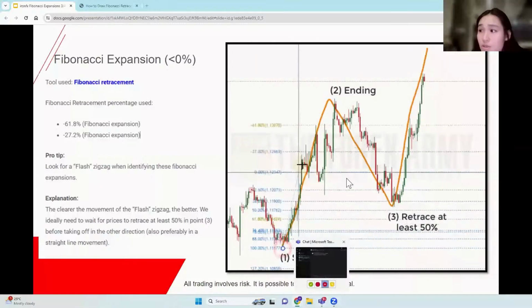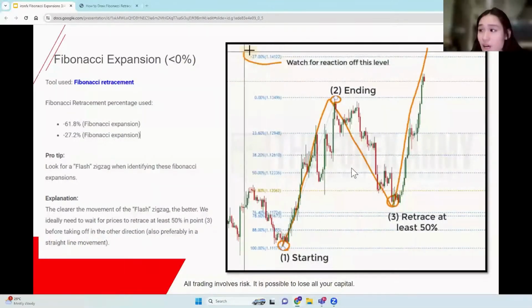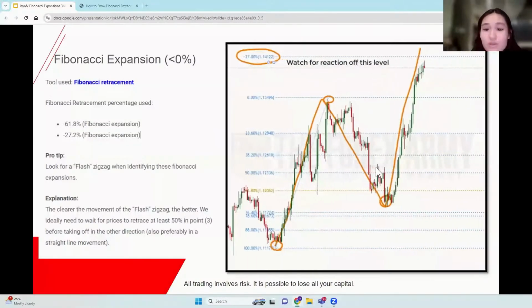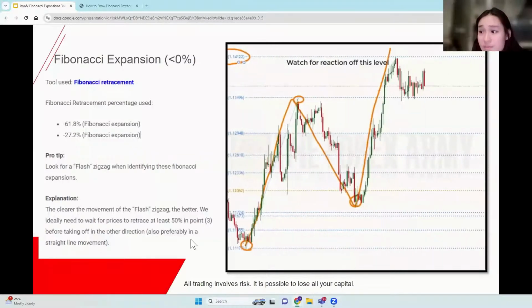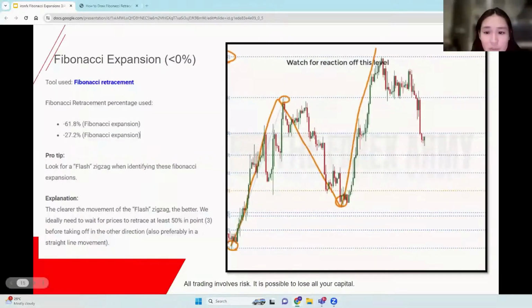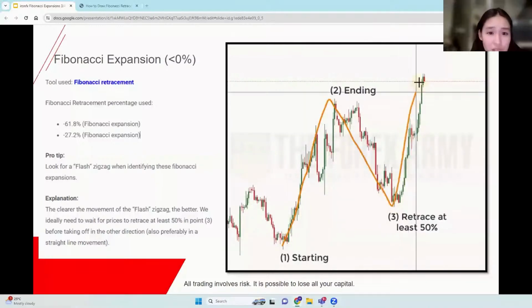But it's important to note that this point 3 here should be more than 50%, which is over here where my mouse is at. It should surpass that level before you can use this Fibonacci expansion technique. Okay, maybe I'll just pause here and let you guys watch the GIF a couple of times.